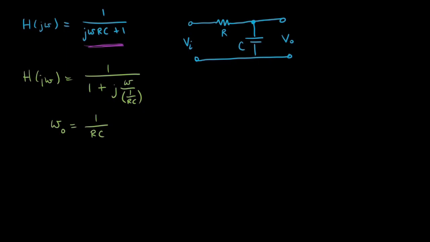From this, we can see that we can tune the break frequency of our low-pass filter. If we know what we want the break frequency to be, then I can choose, let's say, R, and then compute what C needs to be, right?